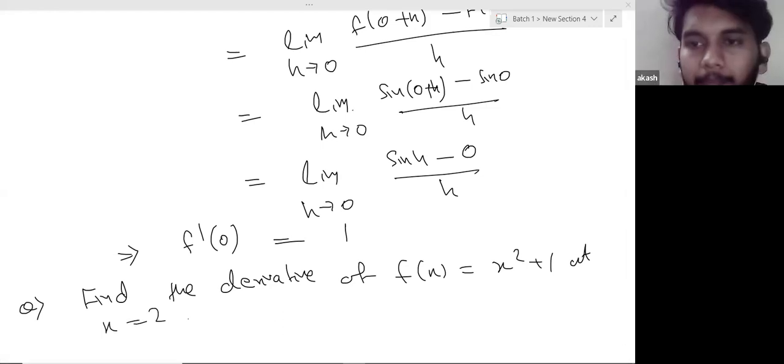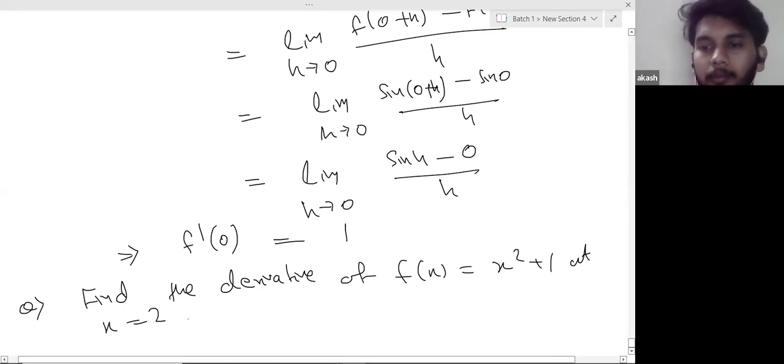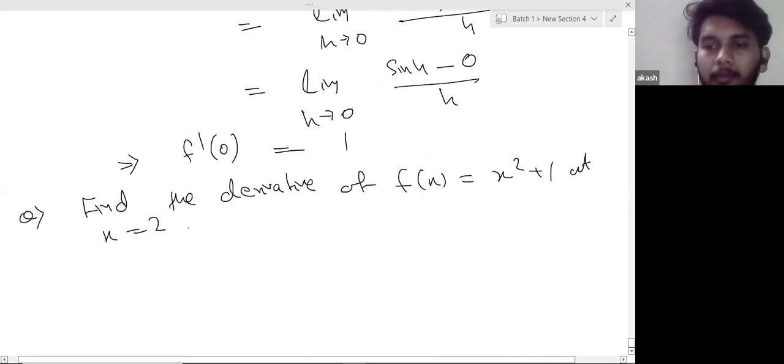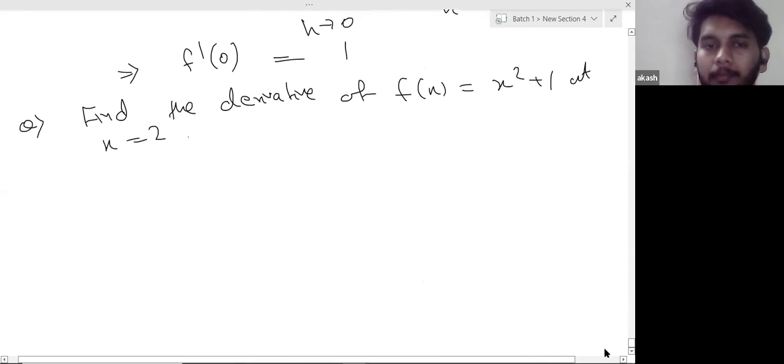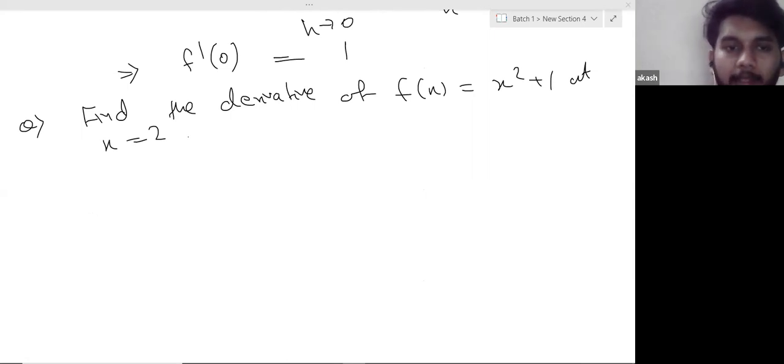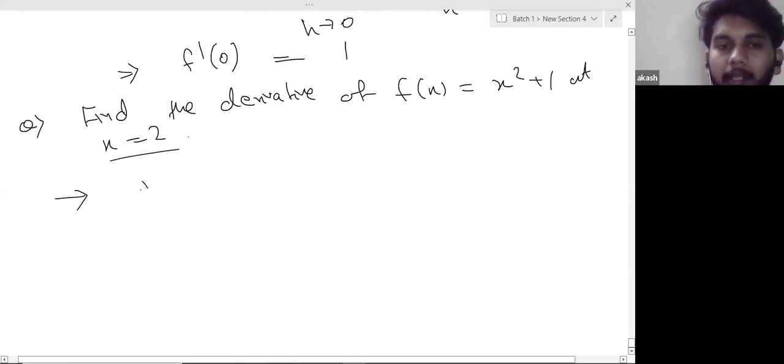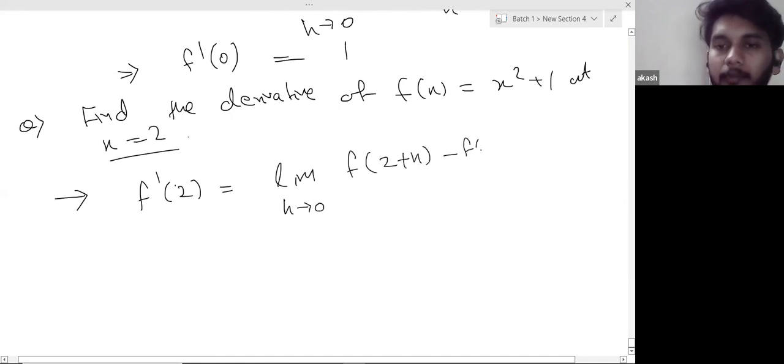Arsalan, Abdul. Okay, Arsalan, the first principle says if you have to find this, then you can write f dash 2 as limit h tending to 0 of f of 2 plus h minus f of 2 upon h.